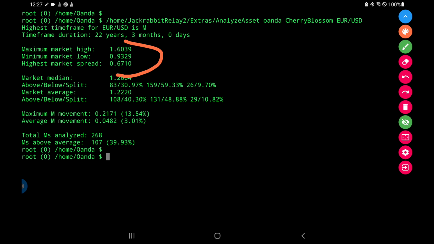So if you were to divide this into 100 positions, each position would have to be a distance of 671 pips apart to ensure you didn't blow up your account, providing you didn't over leverage it. But that really is a difficult process to cover that much space in the market. But this is the worst case right here.